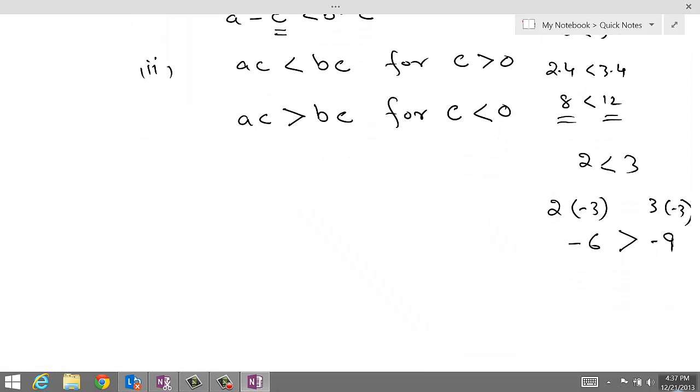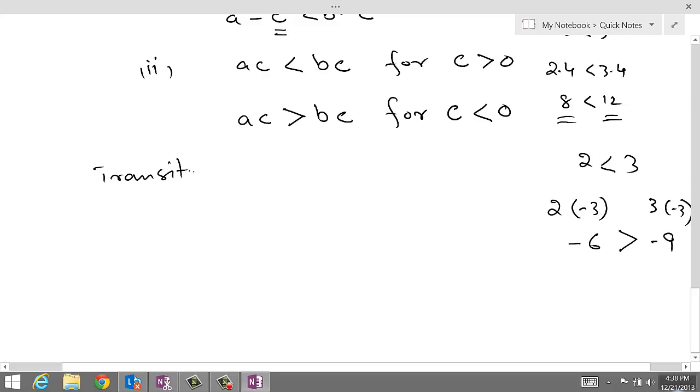And the next property we have is called the transitive property.